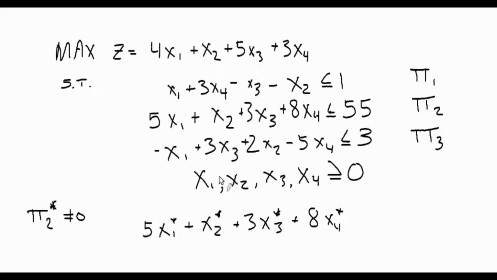So given this information, the statement of this problem, pi star sub 2 is not equal to 0, what can we infer about that quantity right here, on the left-hand side of the second constraint?